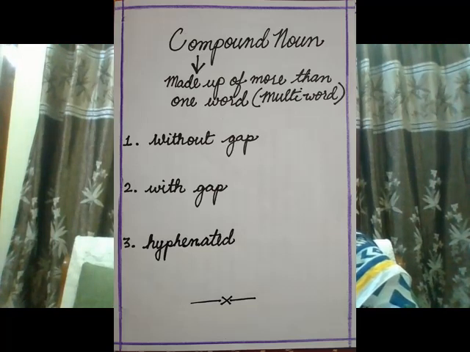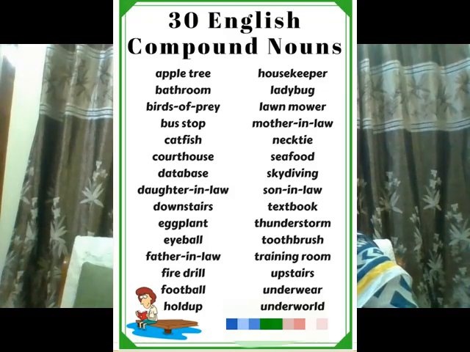Hyphen is a kind of mark, a kind of dash which we put between the words, and then the words are taken together as a single unit, like mother-in-law. After mother we put a dash and after in we put a dash, that is hyphen, and together it is mother-in-law.